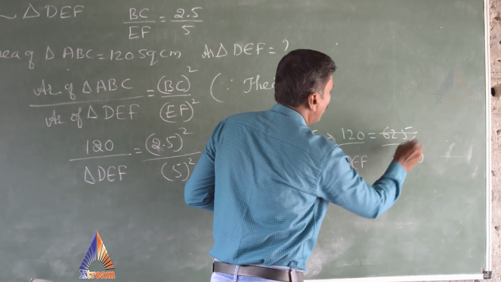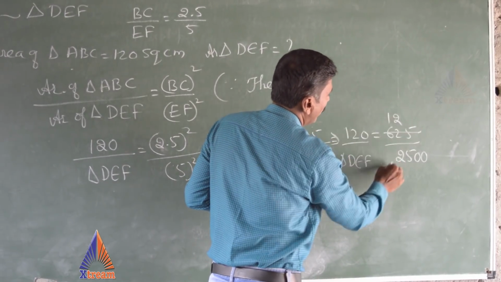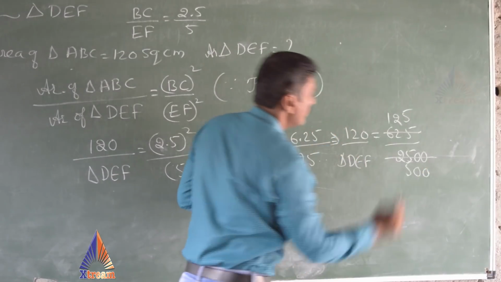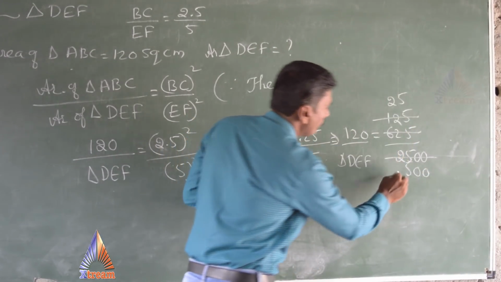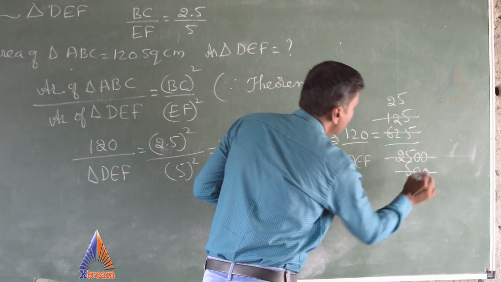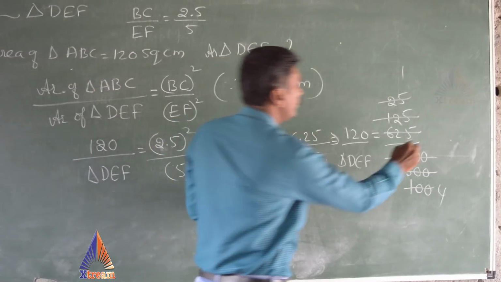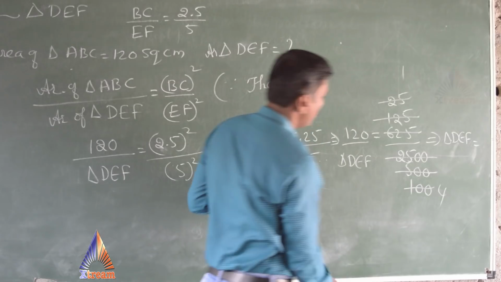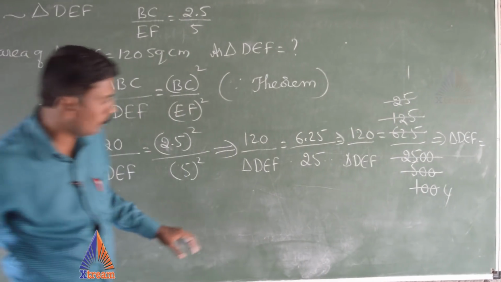Okay, 5 ones are 5, 5 twos are 10, 5 fives are 25, 0, 0. So area of DEF is equal to 120 into 4.